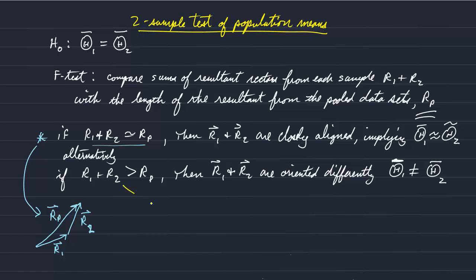And in the second situation, if the directions are very different from each other, then of course the sum of their lengths is going to be a lot greater than the length of the pooled vector. So that's the general concept.